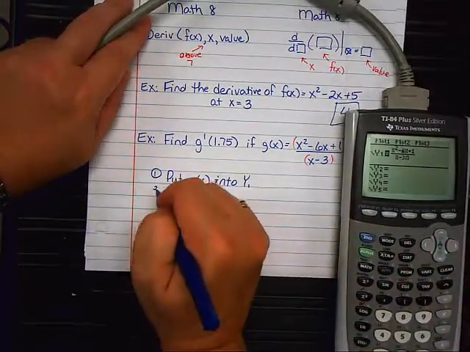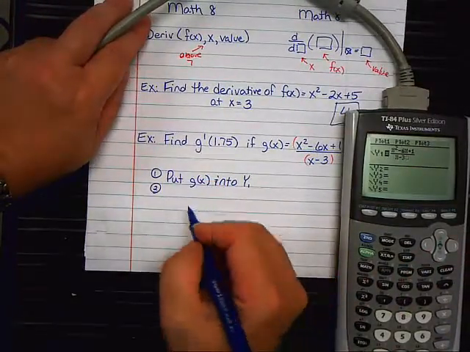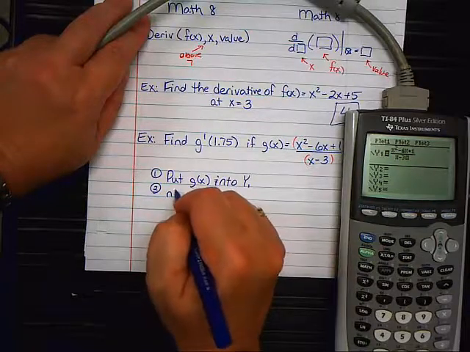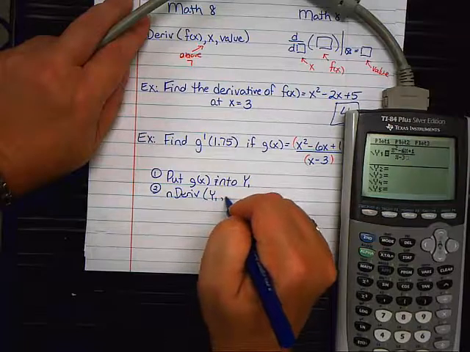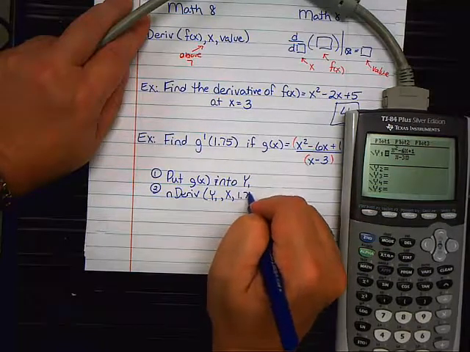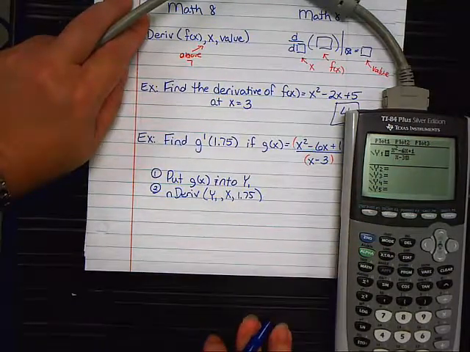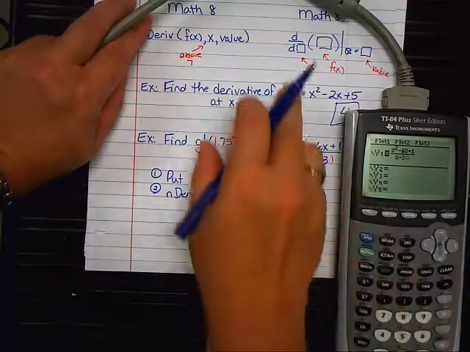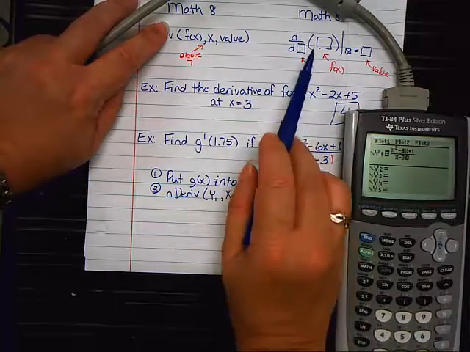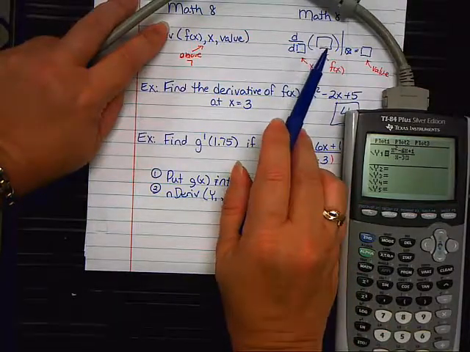number 2. If you are using an 83, you're going to type in nDeriv y1, comma x, comma 1.75 instead of the function. And how do you put this in? In the new operating system also, you're going to put in the box a y1 instead.